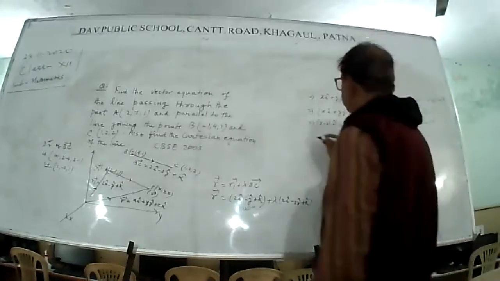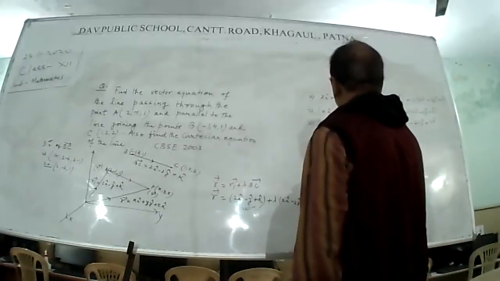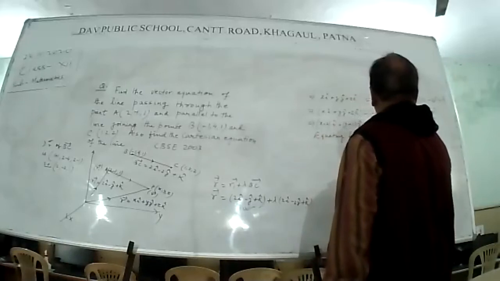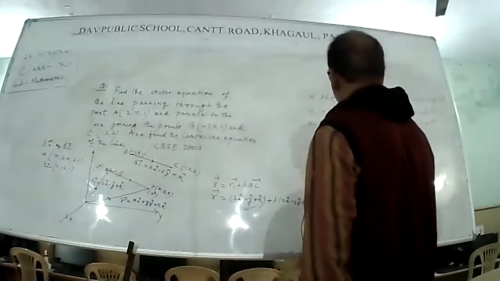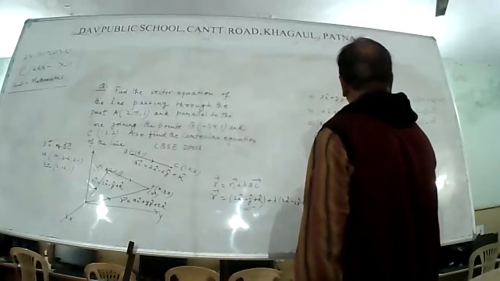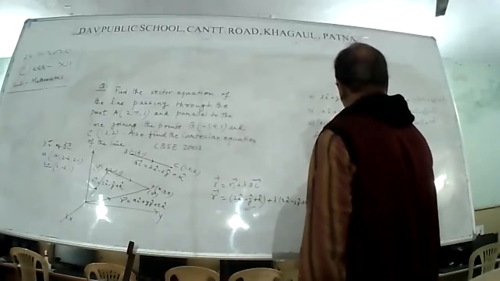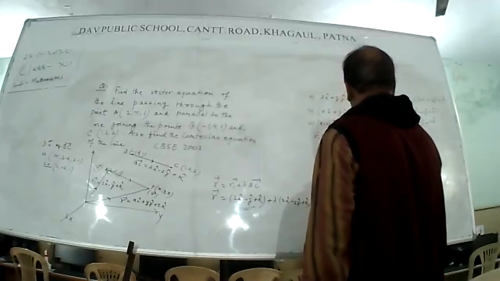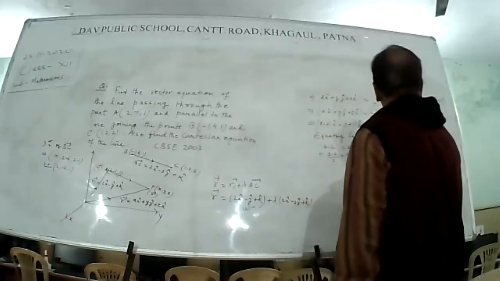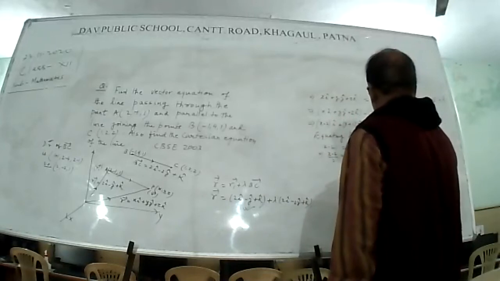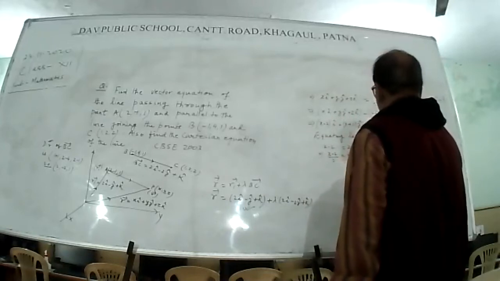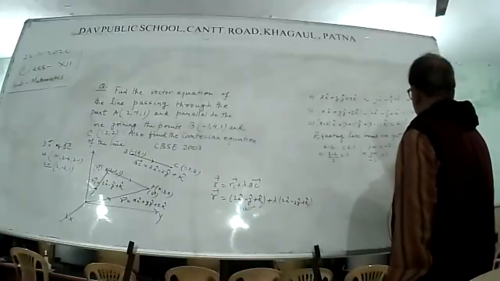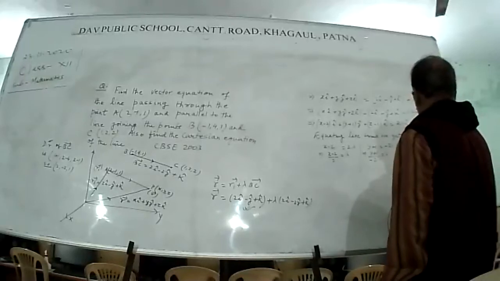Equating like terms we get x minus 2 is equal to 2 lambda, so (x minus 2) by 2 is equal to lambda. Similarly, y plus 1 is equal to minus 2 lambda, so (y plus 1) upon minus 2 is equal to lambda. Similarly, z minus 1 is equal to lambda, so (z minus 1) by 1 is equal to lambda.